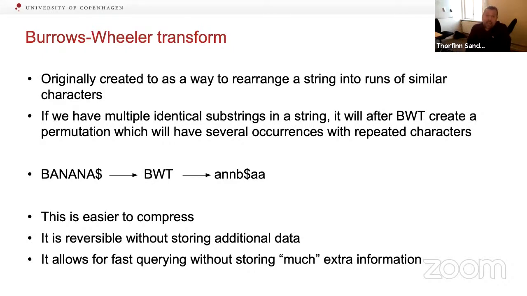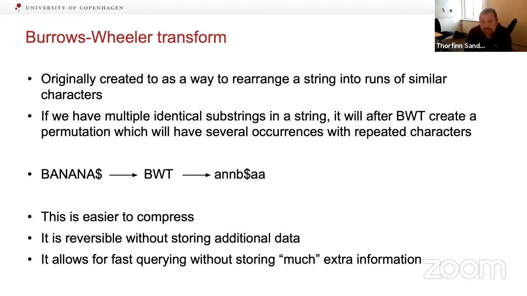So back in '94, I think there were two people, Michael Burrows and maybe David Wheeler. I don't know their names exactly. They came up with what they call the Burrows-Wheeler transform. This is a way to rearrange a string into runs of similar characters.